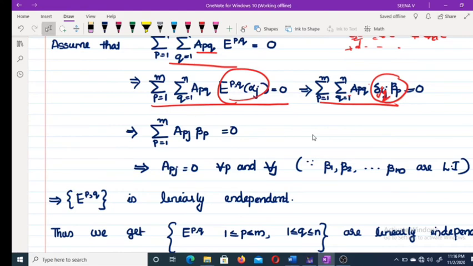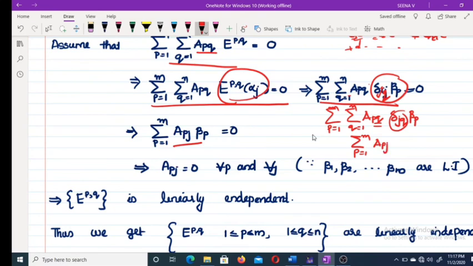So this becomes APJ beta p. Clear? This is actually sigma p varies from 1 to m, sigma q varies from 1 to n, apq delta jq beta p. So this becomes 1 if q equal to j. Therefore this becomes sigma p equal to 1 to m APJ, and this is delta jj, that's equal to 1, times beta p, and this equal to 0.